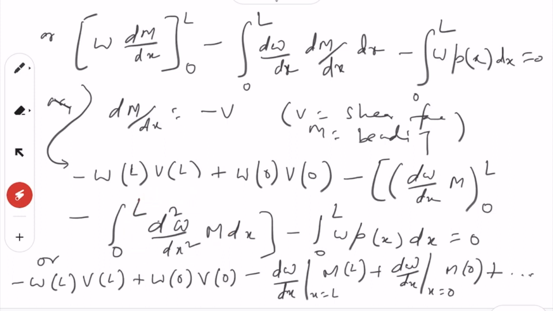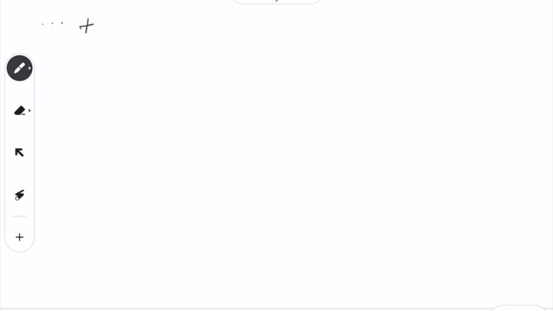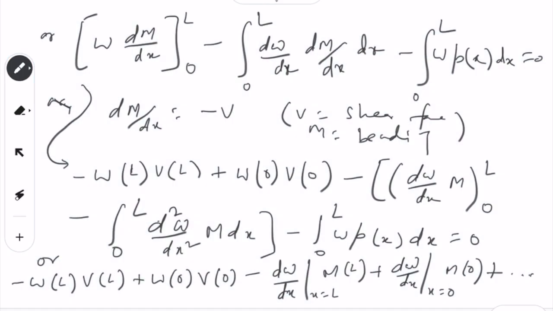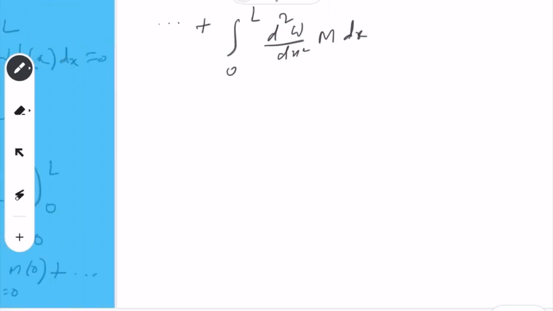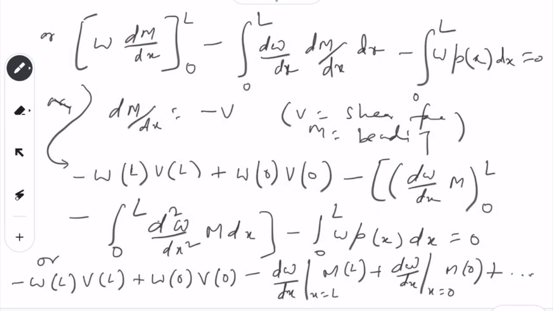So, 0 to L d square w over dx square m dx, minus plus, okay, and so minus plus, and then we have minus here, minus this value.